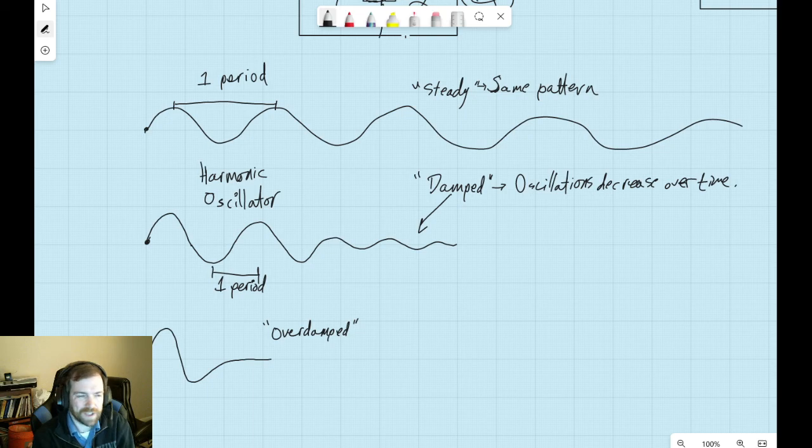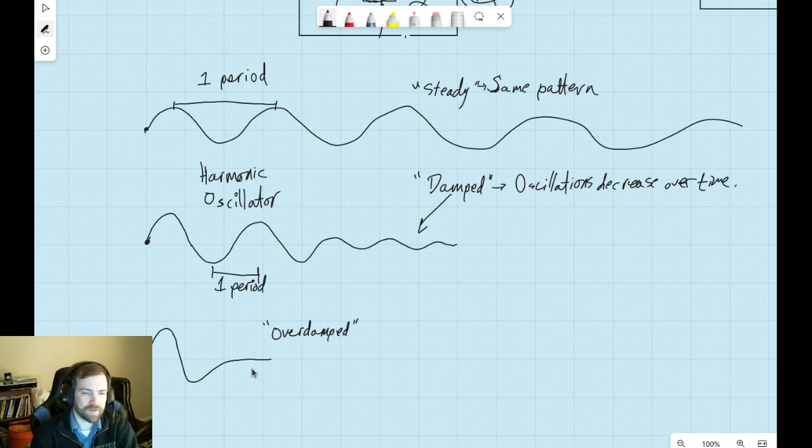It's just so small that the damped system almost looks steady. But when you've got something like honey, then you've got an overdamped system, and then you can't even get a good swing out of it, if you will. It's just going to end up stopping the motion too quickly.